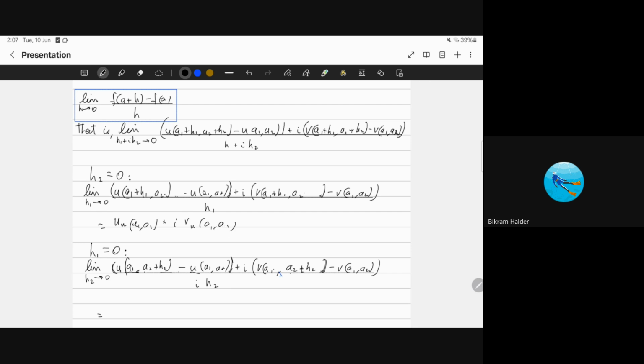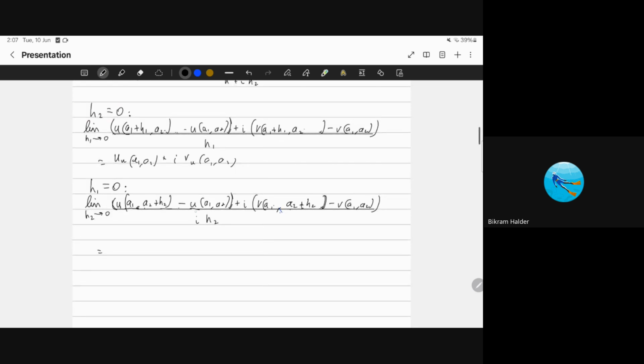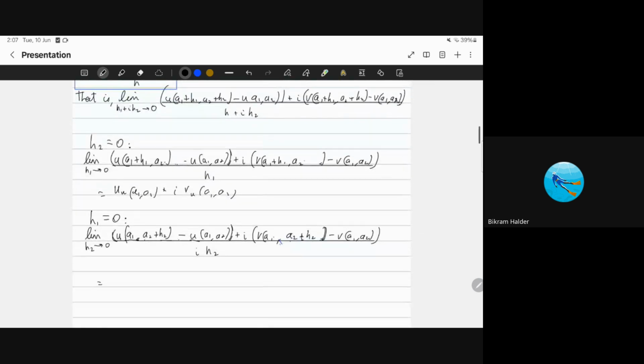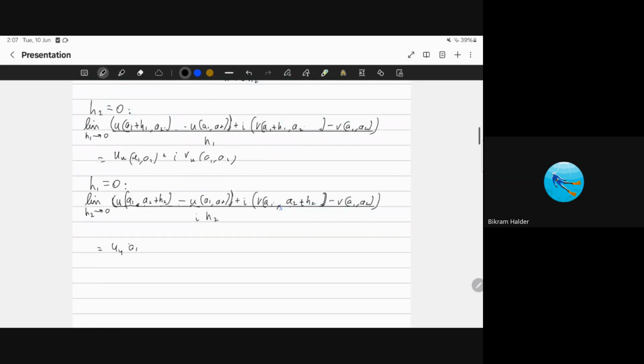And similarly, if you take h1 equal to 0 and then take the limit, we end up with uy(a1, a2) plus i vy(a1, a2) upon i, which is equal to minus i uy(a1, a2).